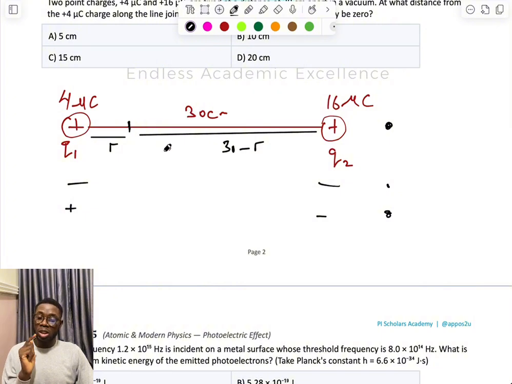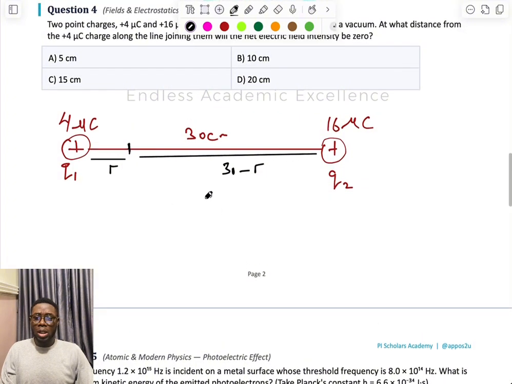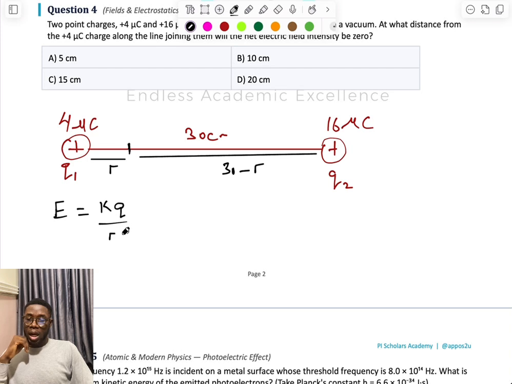But for this particular question, we're going to be using the subtraction because the point is in between them, and because of repulsion we'll have a reducing net electric field intensity. So that's very easy. We know that E is KQ divided by R squared. In this case, we just need their electric field intensity to be the same. If they are the same, when they subtract from each other, they will be equal to 0.